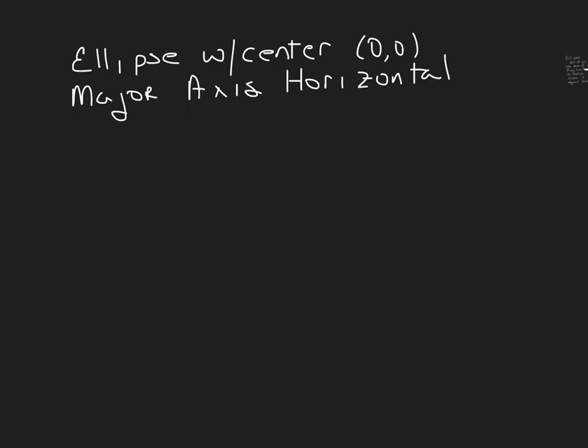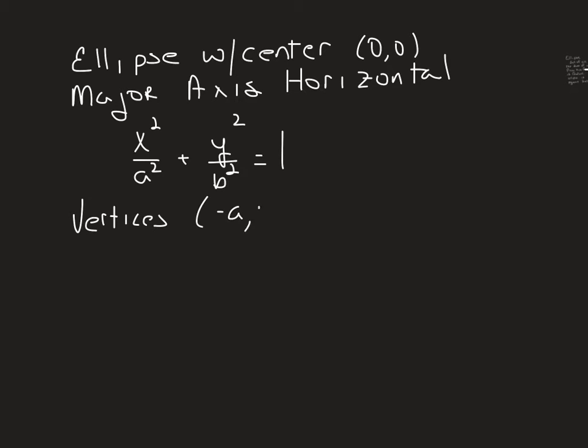Okay, an ellipse with the center at the origin, or at the point (0, 0), there's two options. You could have the major axis horizontal or the major axis vertical. And the form, if the major axis is horizontal, is x squared over a squared plus y squared over b squared equals 1. The vertices are the points (-a, 0) and (a, 0).